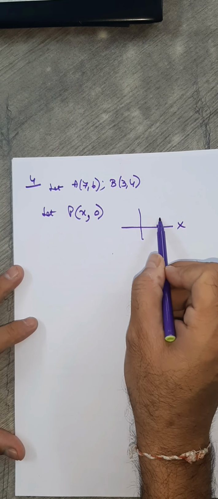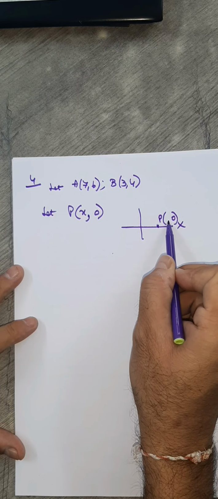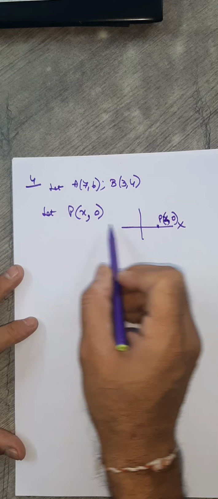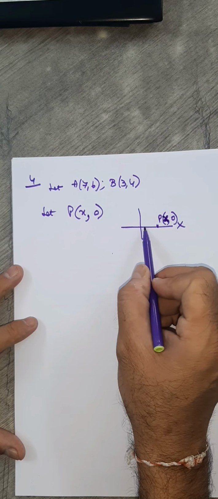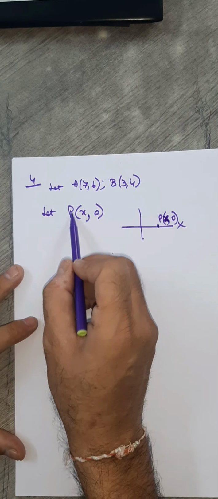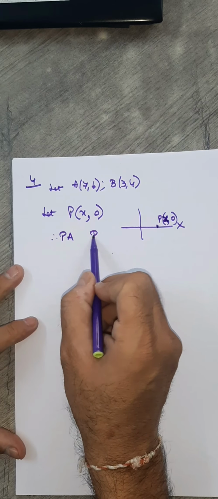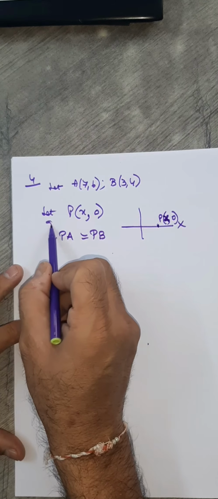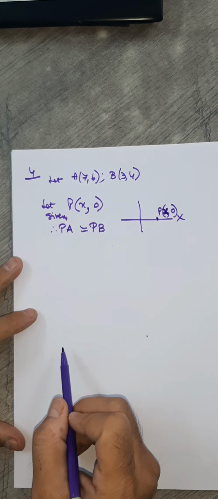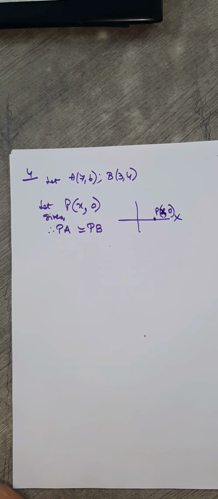When I pick a point here, then the y coordinate is 0 on the x-axis, you know. So you just need to get the x coordinate of that point. Now this point is at equal distance from A and from B. So this is given: PA equals PB. The distances of that point P from A and B are equal.